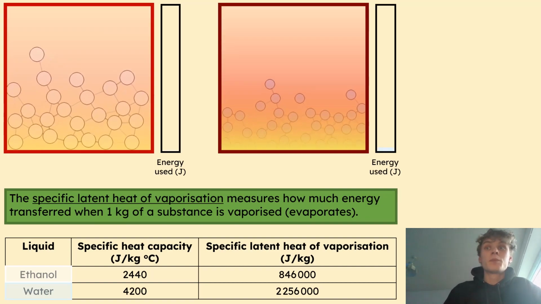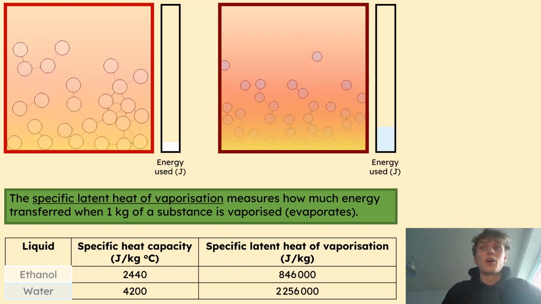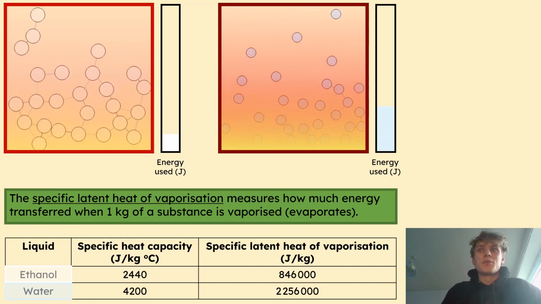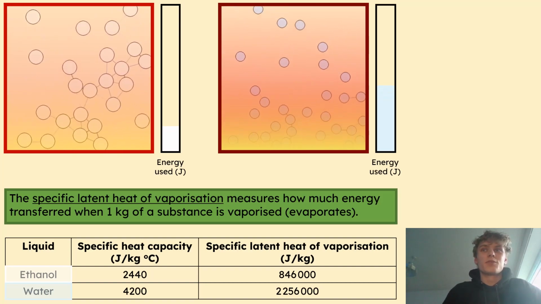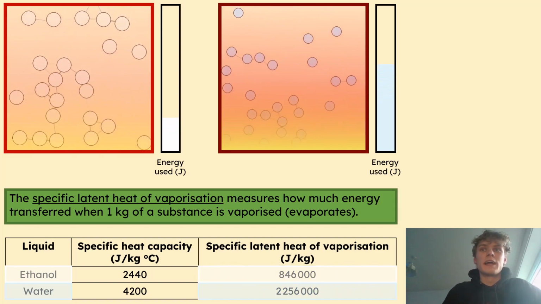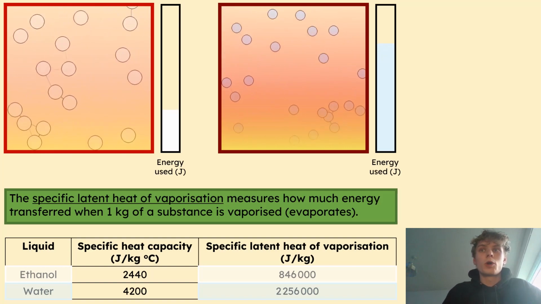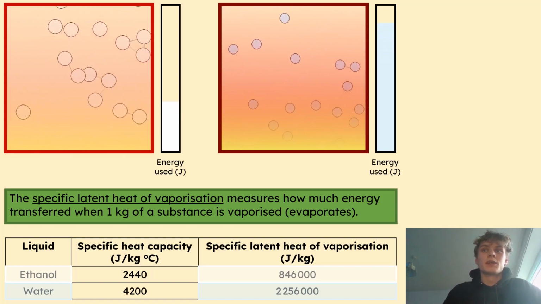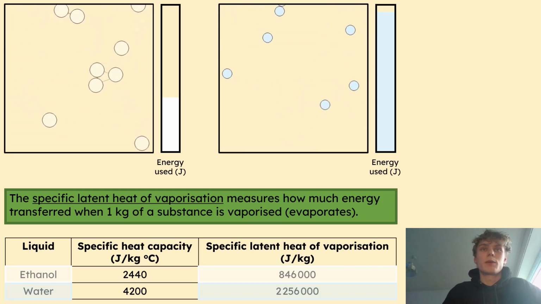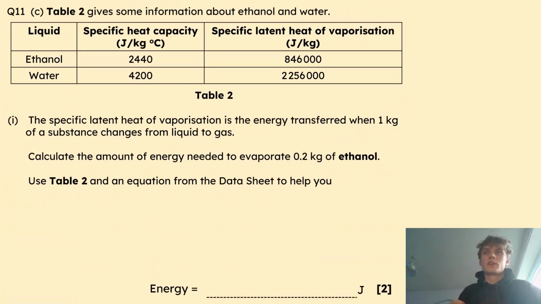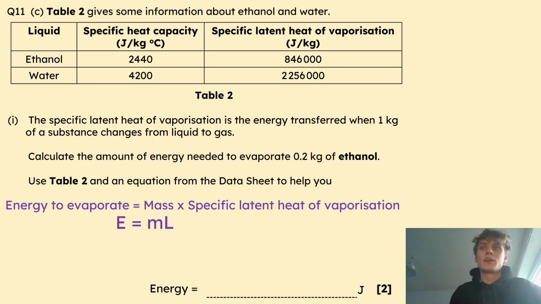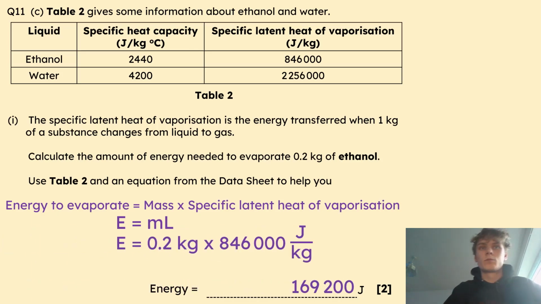Water has stronger intermolecular forces, so it takes about 3 times more energy to evaporate 1 kilogram of it. So the formula for the energy will be mass, how many kilograms of ethanol you have, times the specific latent heat of vaporization, the amount of energy you need to evaporate 1 kg of it. Easy.